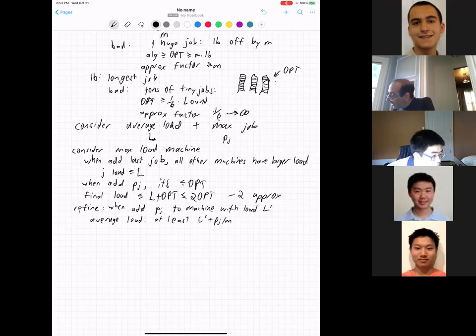And this has got to be less than or equal to opt, because opt exceeds the average load.